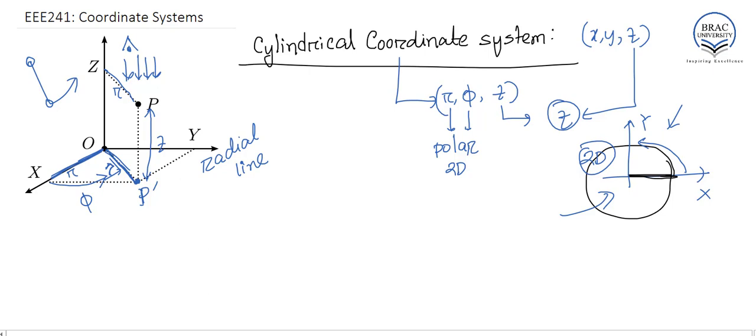So first we just figure out the distance from the origin to the projection of the point we're targeting, and then we just find out the angle it has to cover starting from the positive x-axis to get to the projection line of it, and then we just lift this line by distance equals to z to get to the point over here, right?